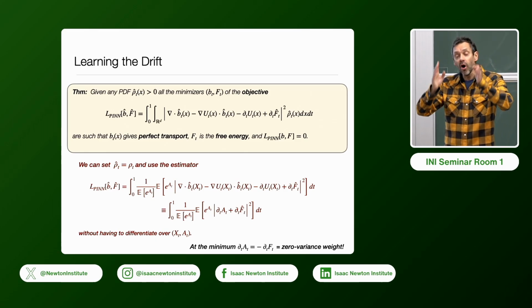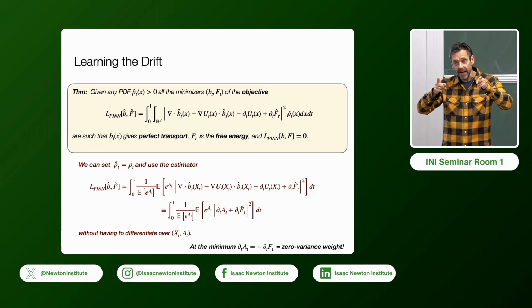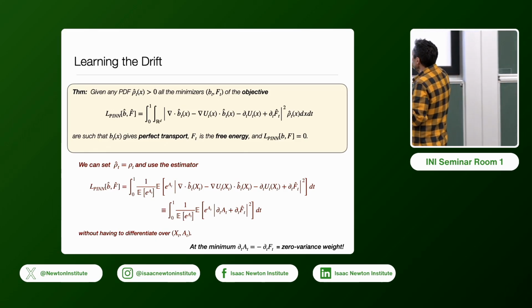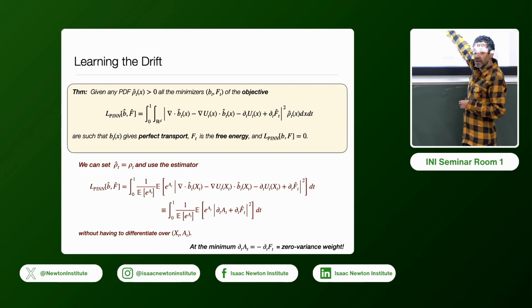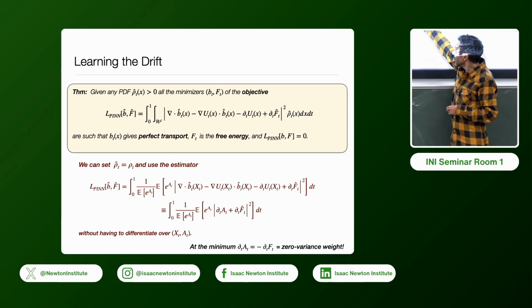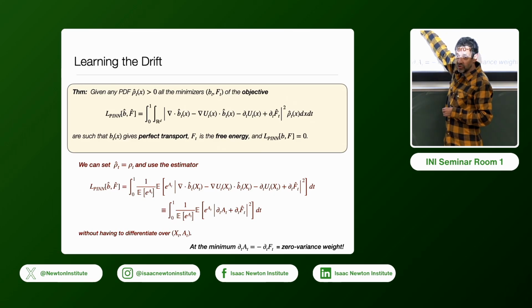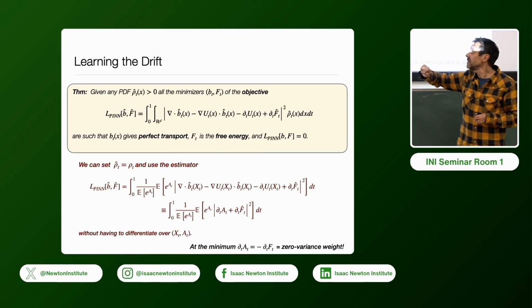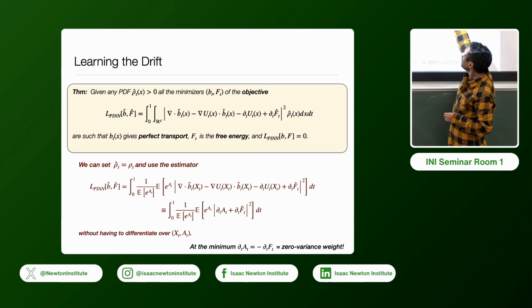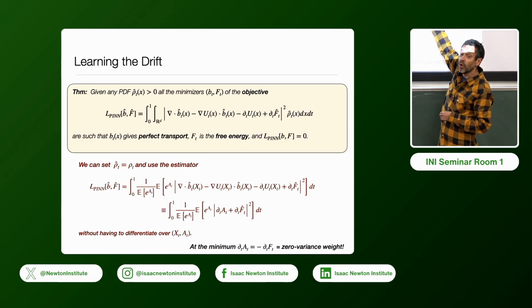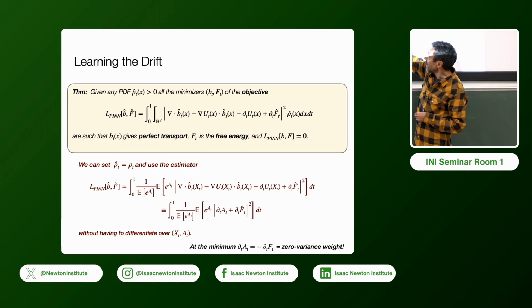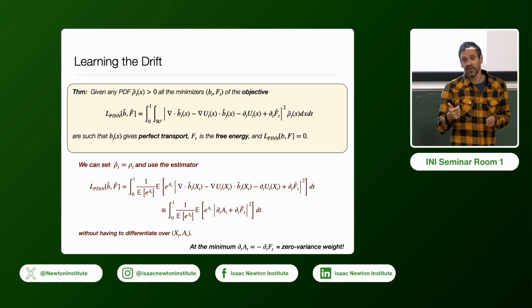It's done online, but the important part is that when you take the gradient of this objective, you can detach the data from the computational graph of the differentiation with respect to B. Since this objective works for any rho, the expectation and differentiation commute.